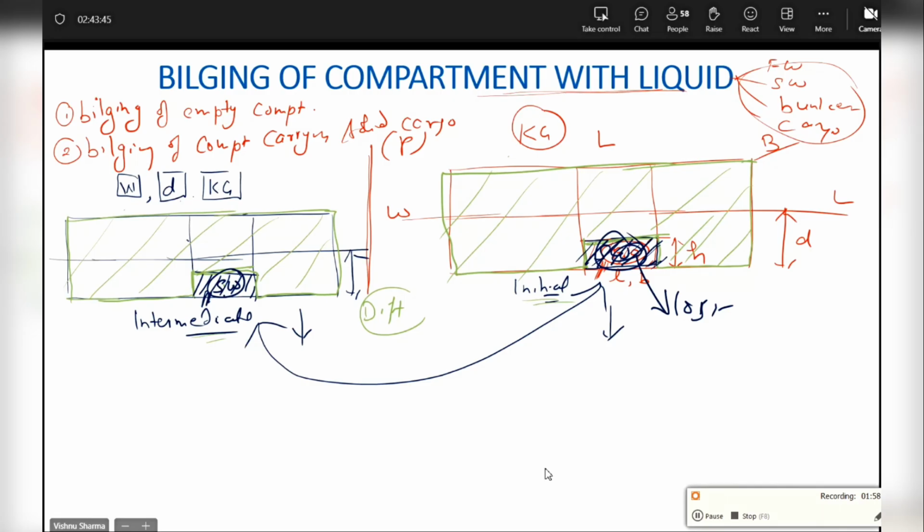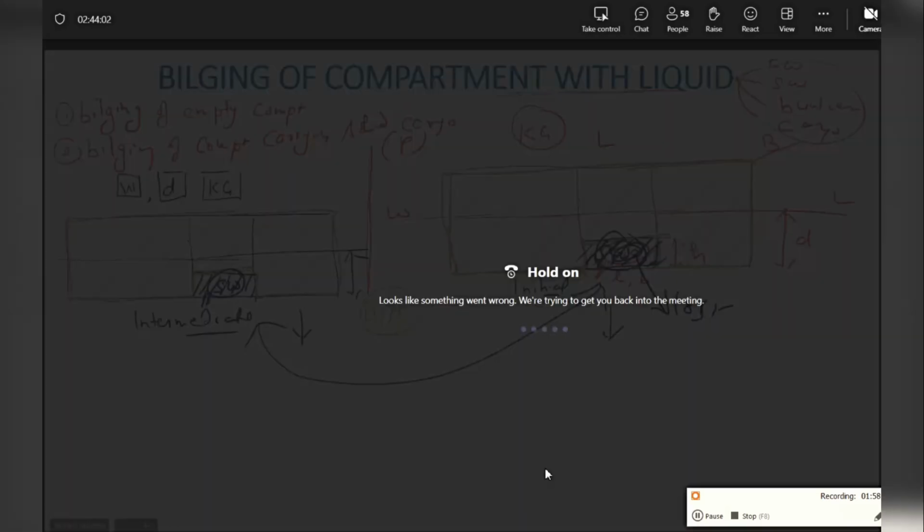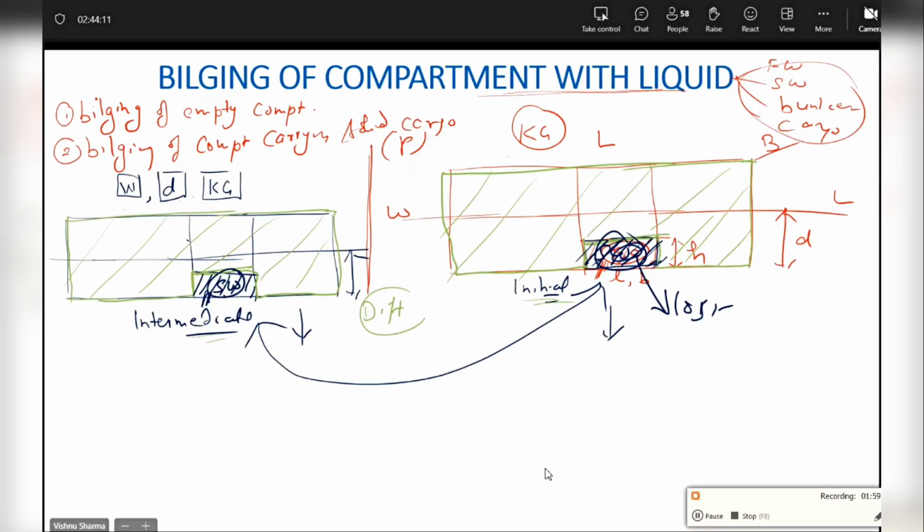The only difference between these two conditions was the condition of the DB. In one case, the DB was fuel oil full, in the other case, the DB was empty. Now, after bilging, the DBs of both the ships are going to be same, yes or no? After bilging, the ship in the intermediate condition would reach the same stage as the ship in the initial condition, with the DB getting bilged.